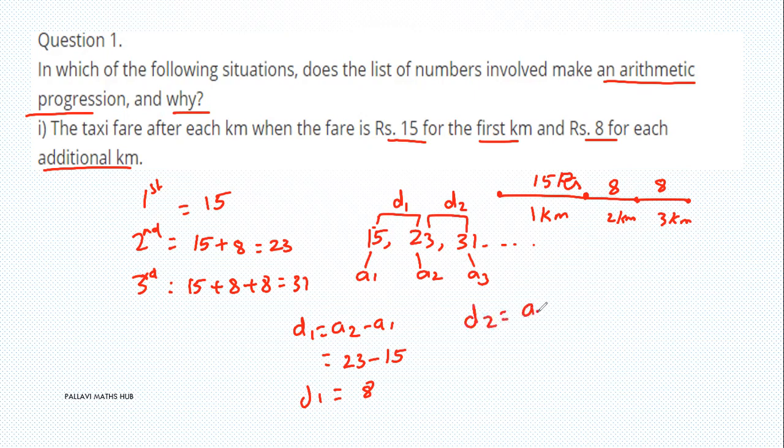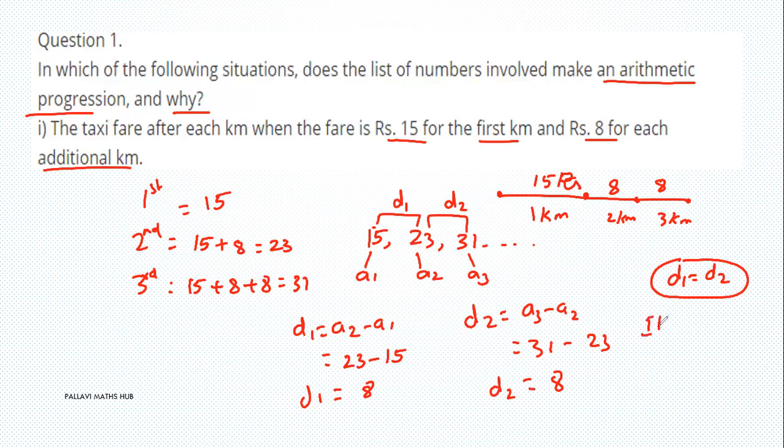A3 is 31 minus A2 is 23, which is equal to 8. Yes, D1 is equal to D2. You are getting the common difference the same. If the common difference is the same, then it is an AP. If the common difference is not equal, then it is not an AP.